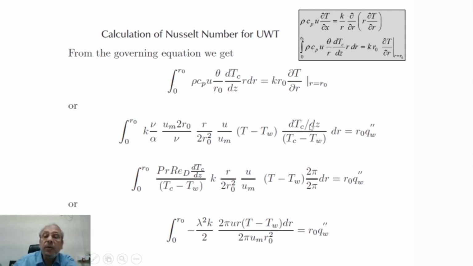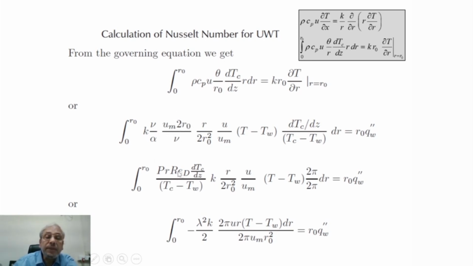I will explain. So here we get dTc dz divided by Tc minus Tw. This is nothing but theta, which we write as (T minus Tw) over (Tc minus Tw). And on the right hand side, r naught is the wall heat flux, k del T del r at r equal to r naught. We did this just to get nu by alpha here, which gives the Prandtl number.